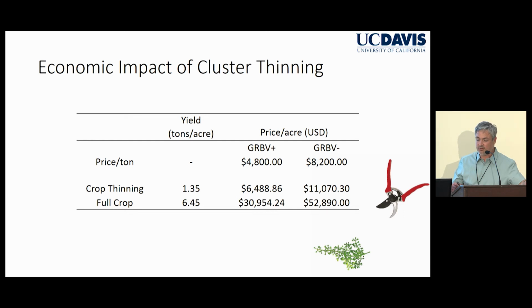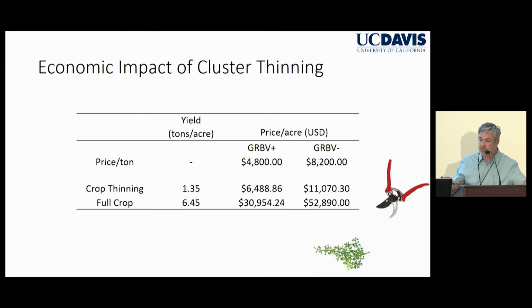So coupled with the amount of crop that is lost due to cluster thinning, that's a huge difference in the amount of money that you'll be having, either $6,500 or $31,000 if you have a full crop load for red blotch infected vines.